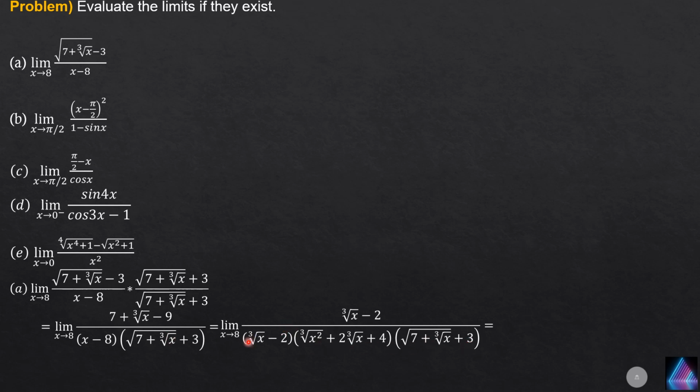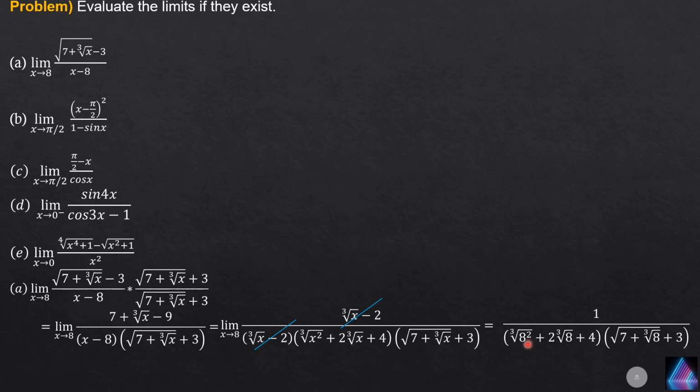So we can cancel cube root of x minus 2 because x approaches 8 does not mean x is exactly equal to 8. So this reduces to 1. So we have limit of 1 over cube root of 8 square. We now substitute x equals 8 because the denominator is no longer approaching 0. So cube root of 8 square plus 2 cube root of 8 plus 4 times quantity square root of 7 plus cube root of 8 plus 3.